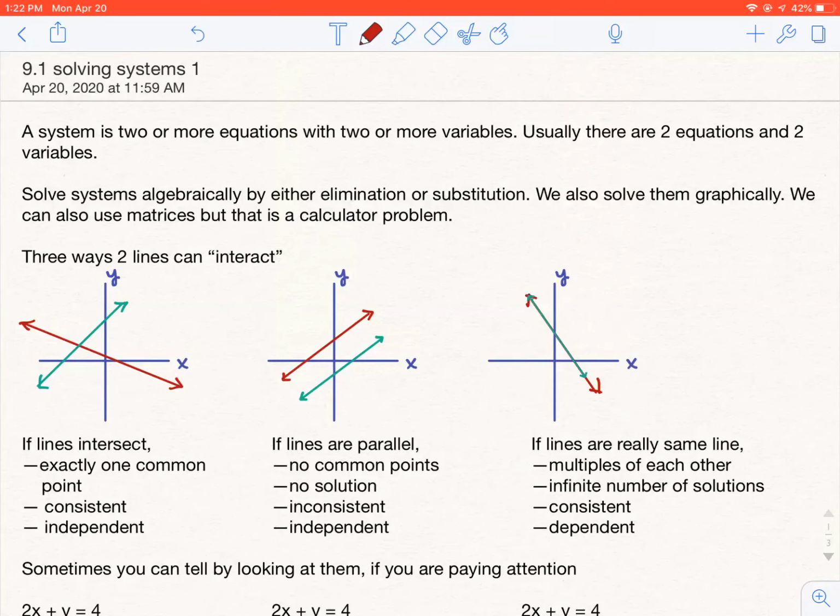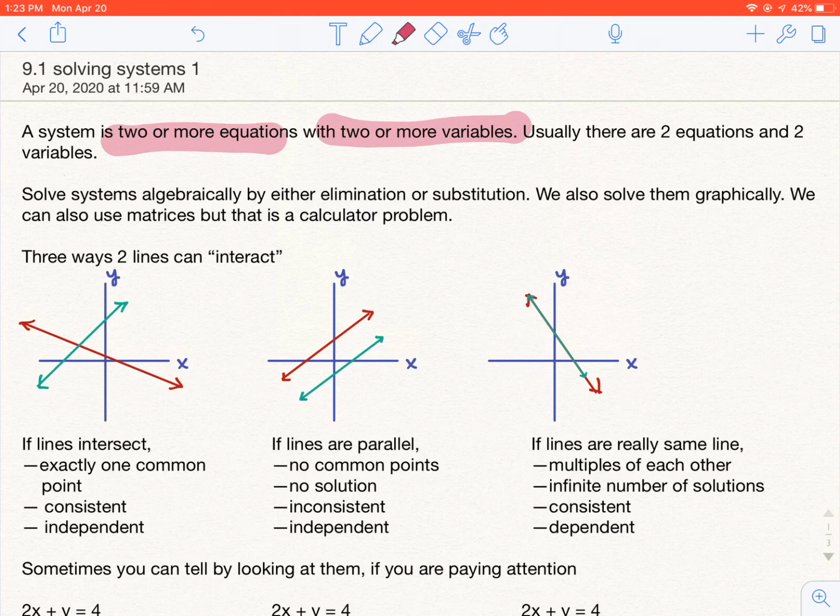When we talk about systems of equations, we're talking about two or more equations, and they'll have two or more variables. If you have two variables like x and y, you need at least two equations to find both of those values. If you have three variables, x, y, and z, then you need at least three equations to solve for all three.